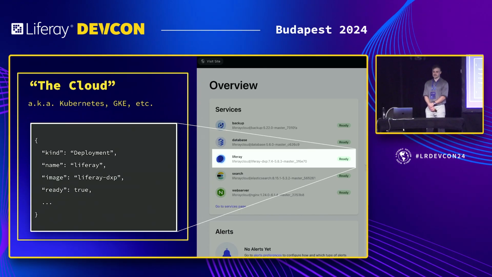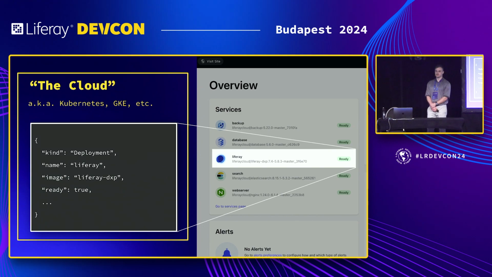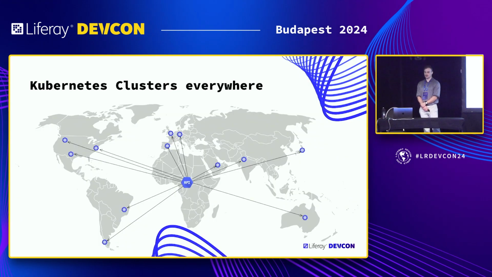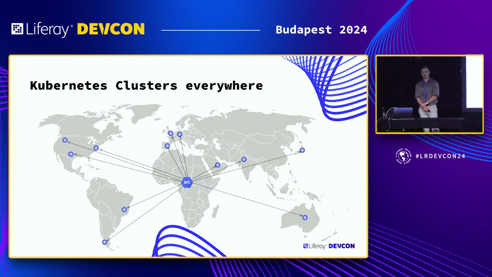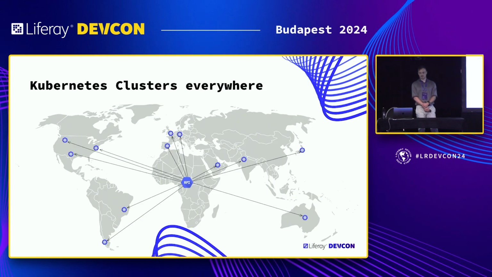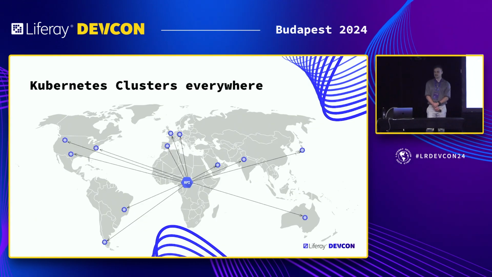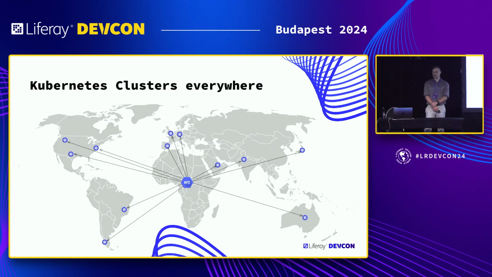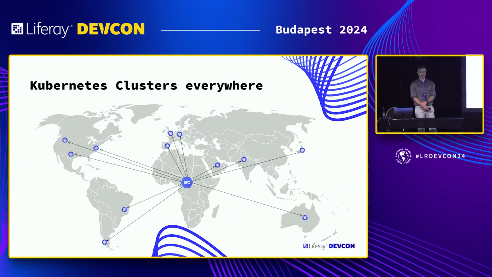And we use Kubernetes to orchestrate all of these workloads for you in order to run them behind the scenes. We leverage the Google Kubernetes Engine to orchestrate all of these workloads in the Google clusters around the world. And we actually built Liferay Cloud Platform to provide these levers to you as the user to manage all of these distributed workloads within your projects.